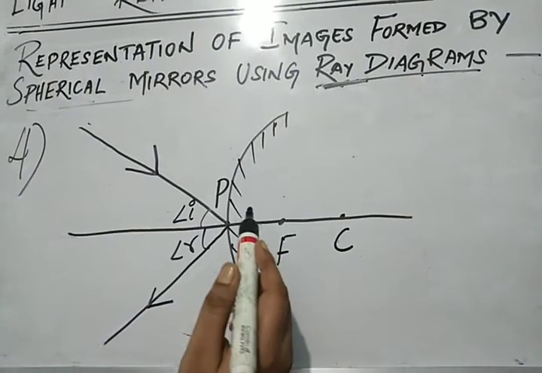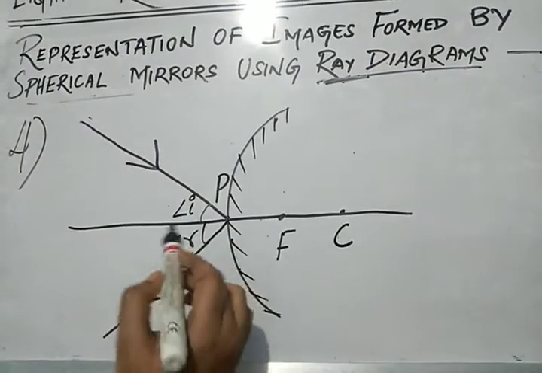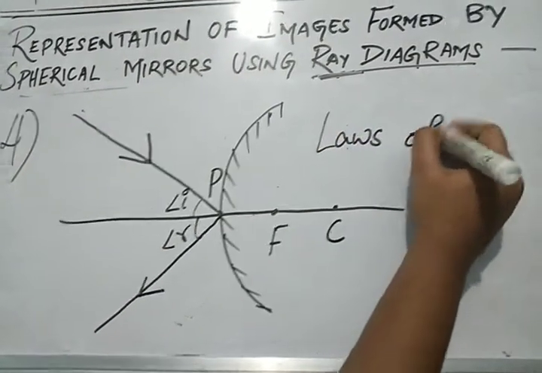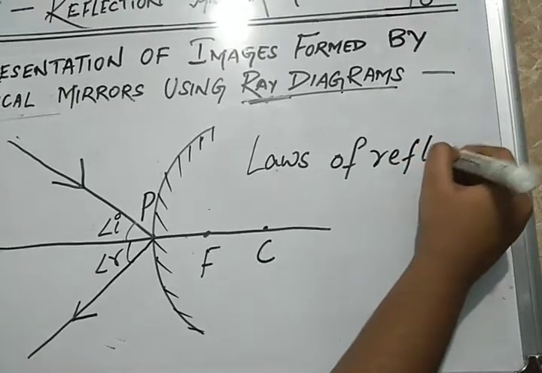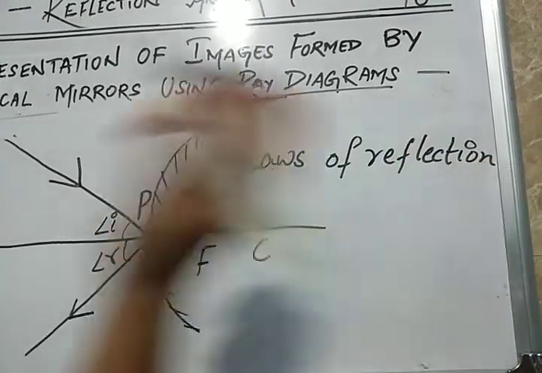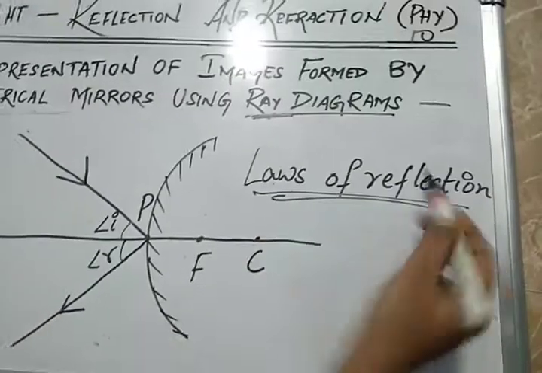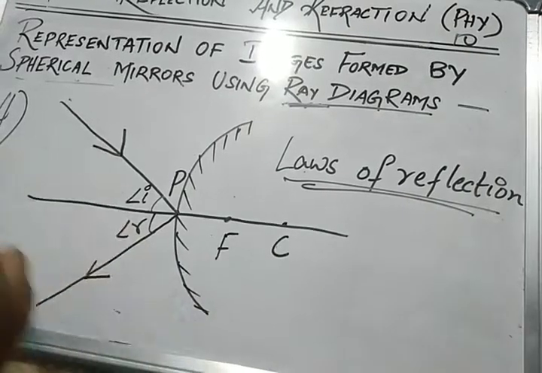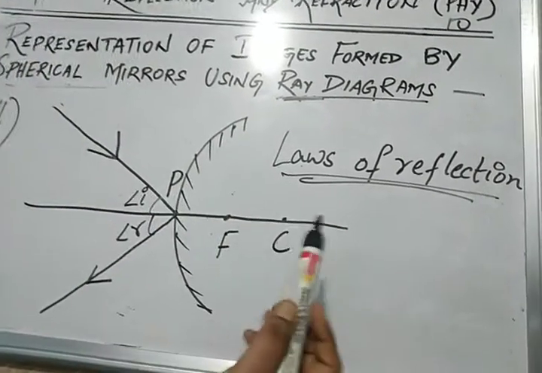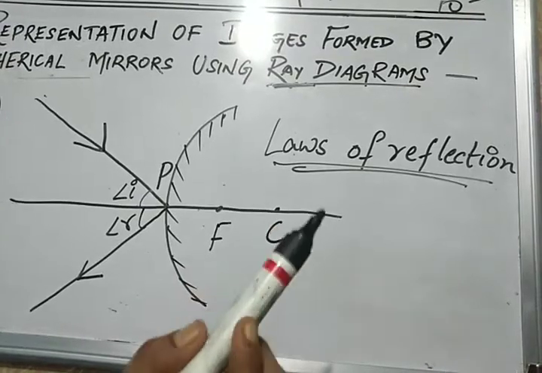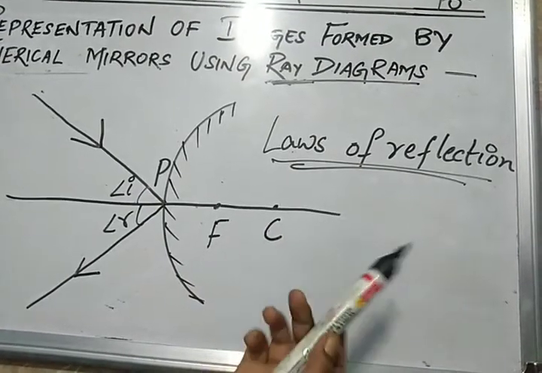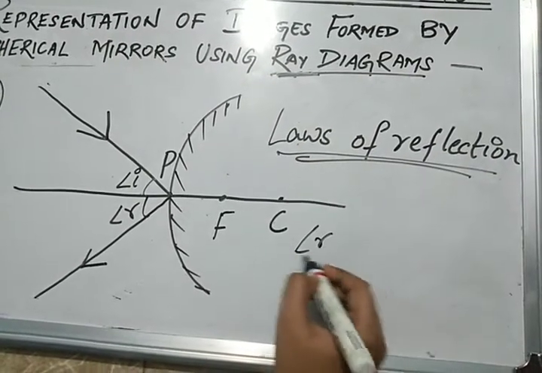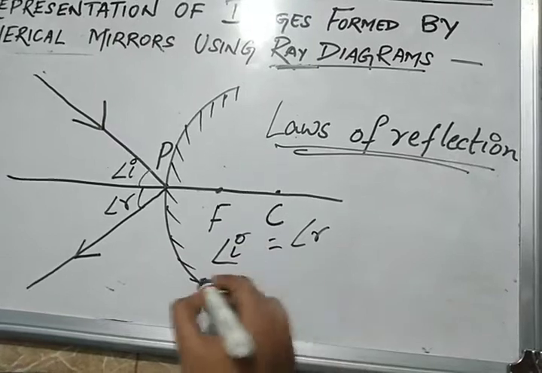Now in all the above cases, the law of reflection is followed. I taught you the laws of reflection, right? In all the four cases, the laws of reflection are followed, and in all the other points also, at the point of incidence, the incident ray is reflected in such a way that the angle of reflection is equal to the angle of incidence.